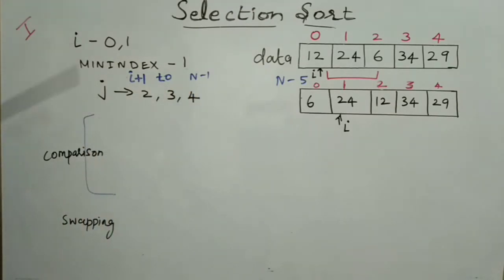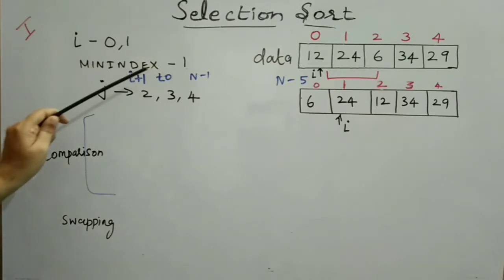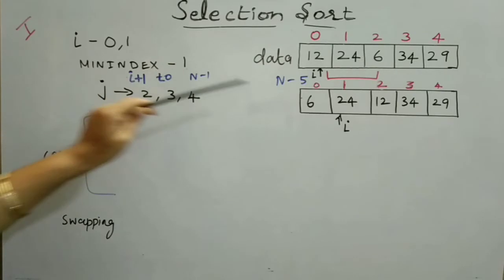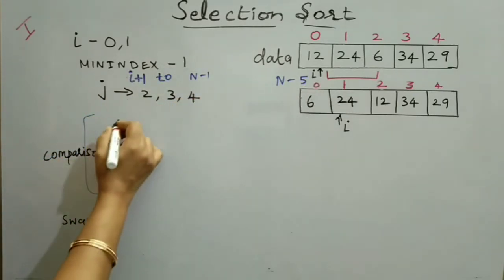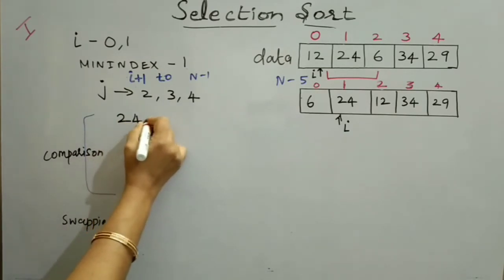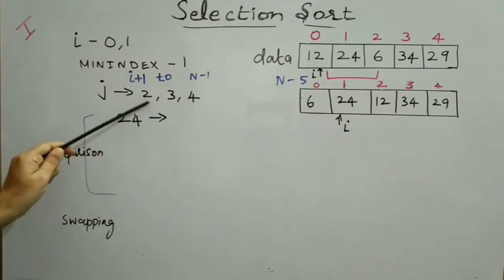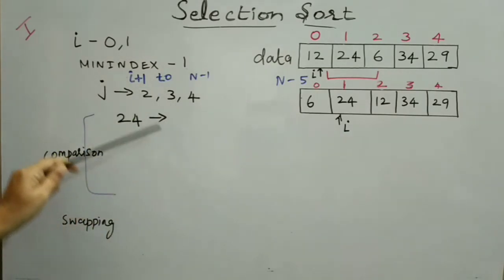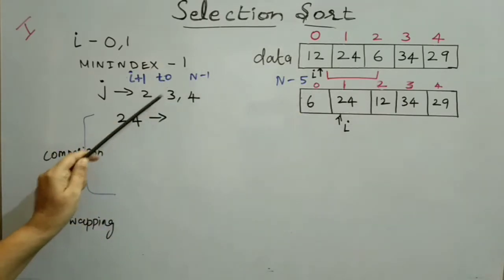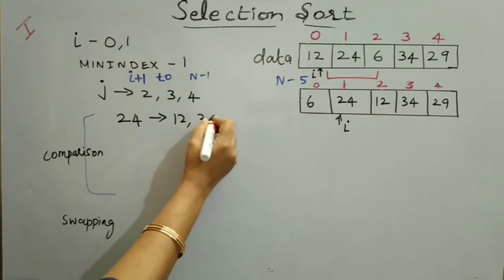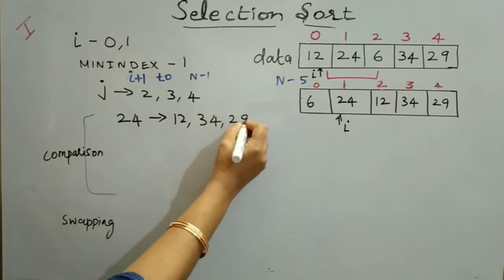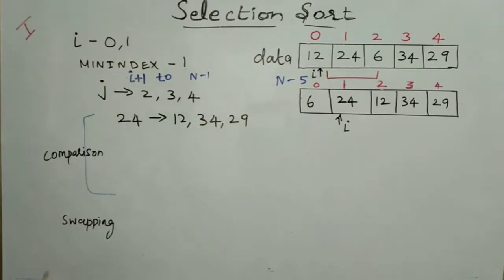In the comparison procedure, the minimum index is 1. What is the element in the minimum index position? 24. That is compared with all the subsequent elements in index positions 2, 3, 4, which are 12, 34 and then 29.